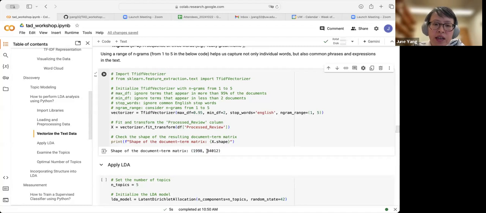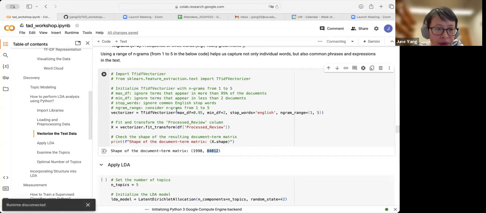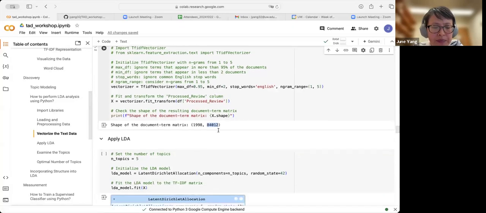And this over 4,000 column count means that we end up with this many features or terms when we have TF-IDF going through an n-gram range of 1 to 5, given all these different parameters.